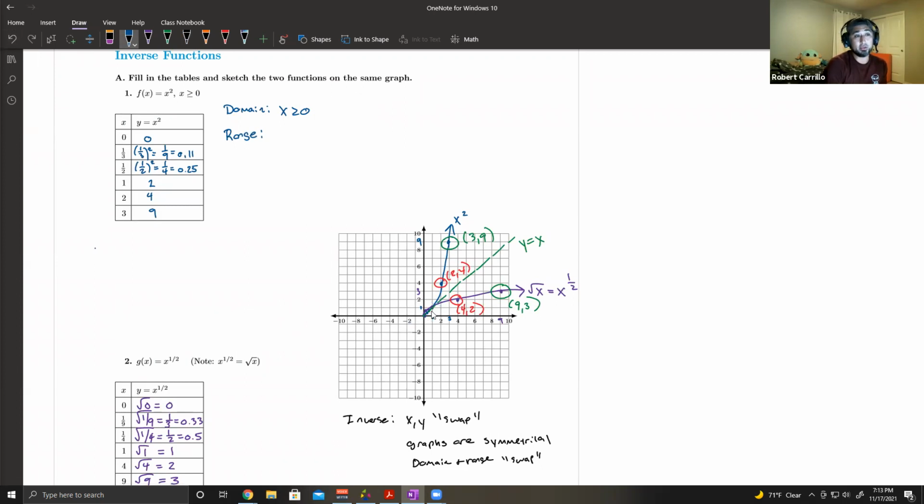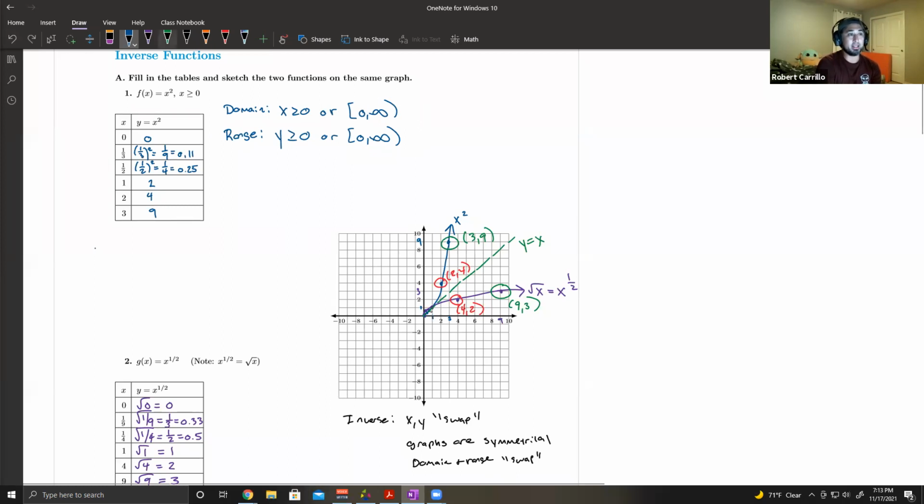So this range would say y is greater than or equal to 0. Now, if I put this into interval notation, this would be 0 to infinity, and this would also be 0 to infinity. So seeing the swap here is not going to be too complicated because even if we swap these, they're going to be the exact same.